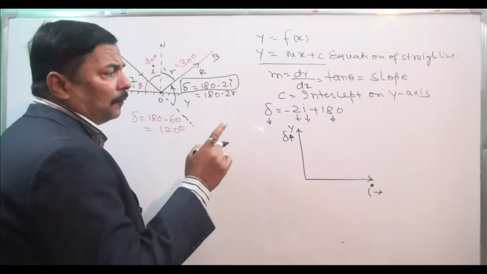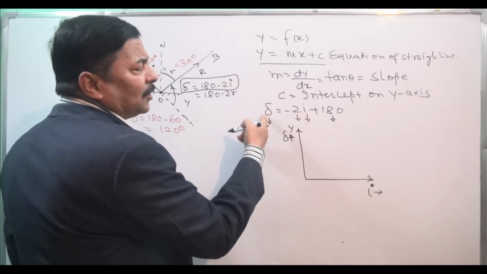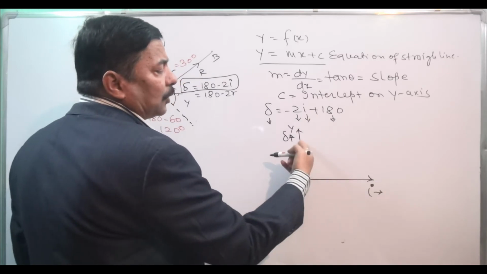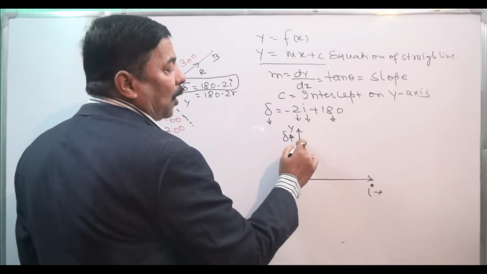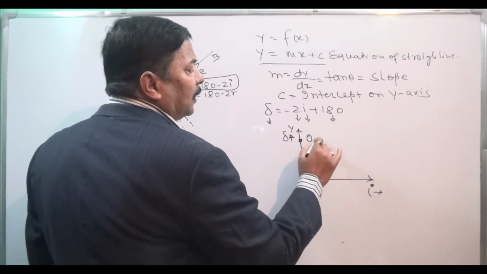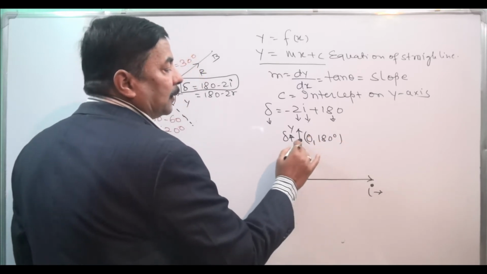If the value of I is 0, then delta is equal to 180. So suppose we are getting a point here where the value of I is 0 and delta is 180 degree. Suppose one point is this.